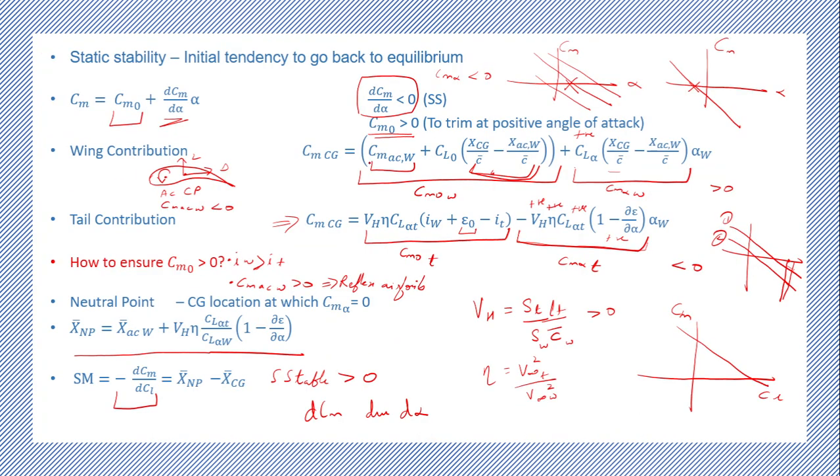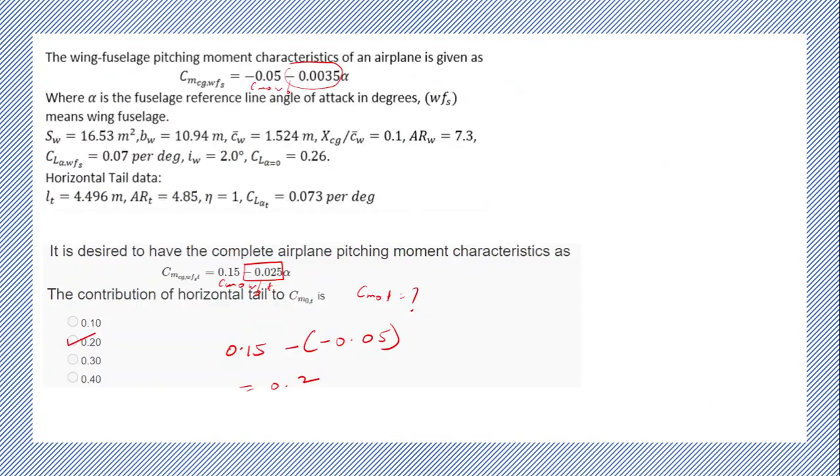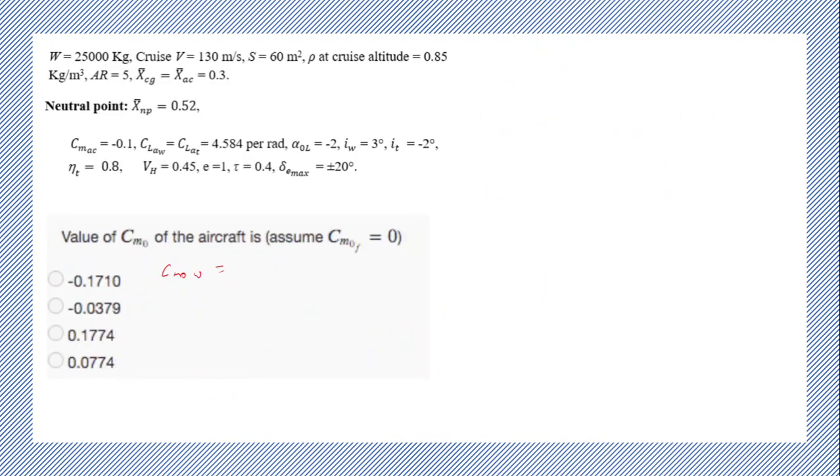Right, so it was this. Cm ACW plus CL naught into the moment arm. So it is Cm ACW plus CL naught into x bar CG minus x bar AC.